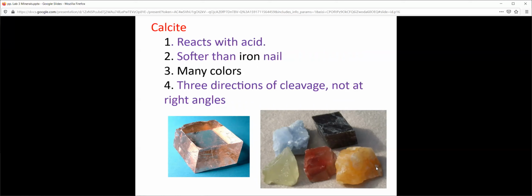Calcite comes in a ridiculous amount of colors, tends to break and form crystals that are not at right angles, and is actually very soft. So if you pick up a rock, you don't know if it's calcite or quartz, and you don't happen to have your hydrochloric acid on you at the moment, scratch it with your finger. If you can scratch it, you have calcite.